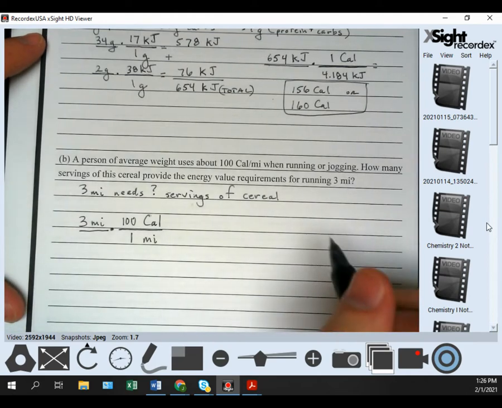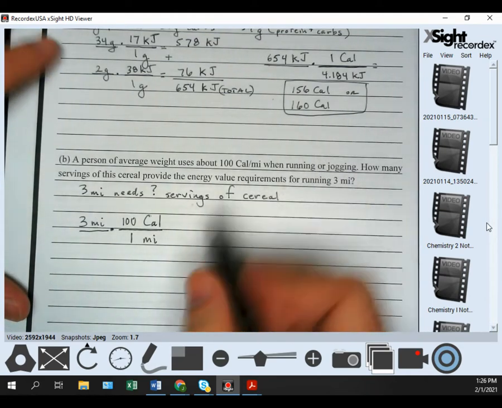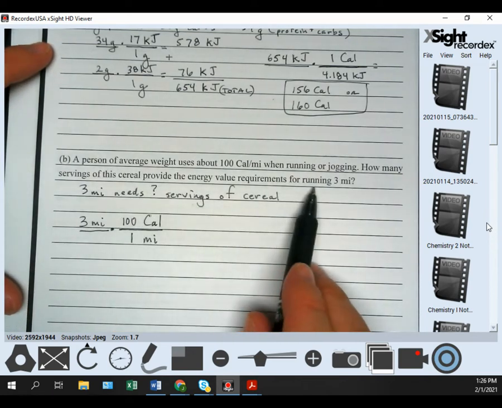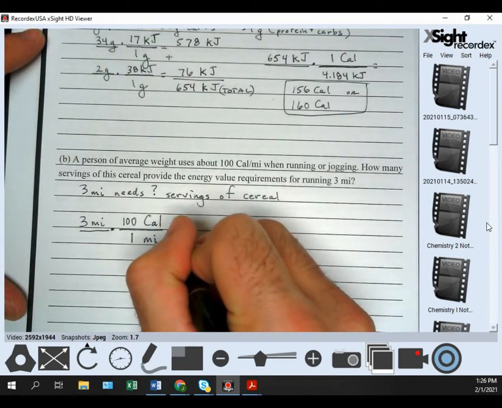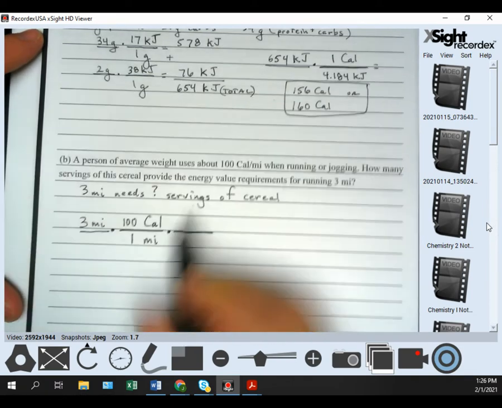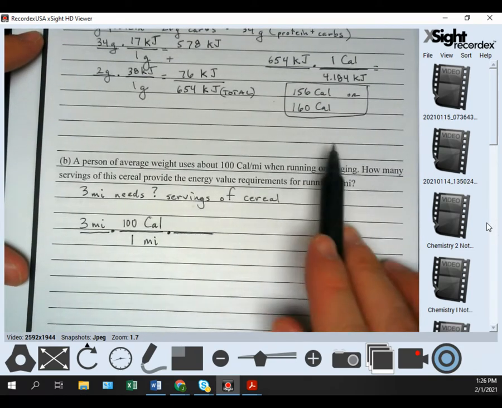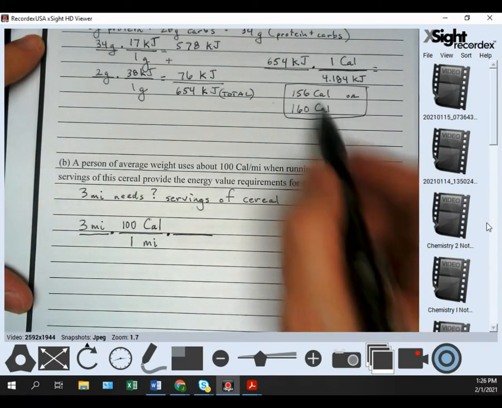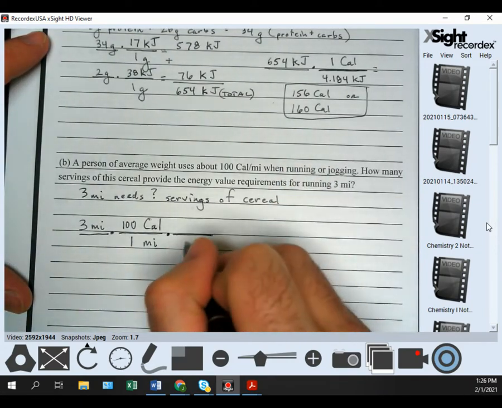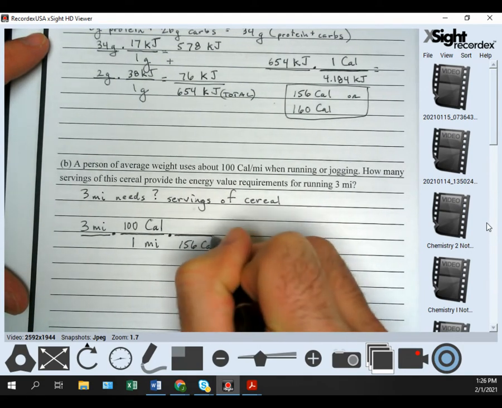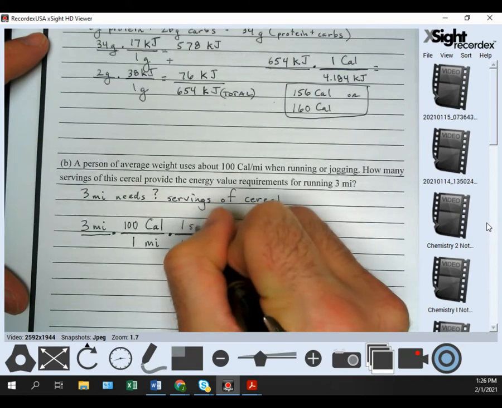Now, we want to know how many servings, right? Well, we can do another conversion because we're looking for servings technically. We know from our part A that it is 156 or 160, whatever, so I'm going to use 156 calories per one serving.